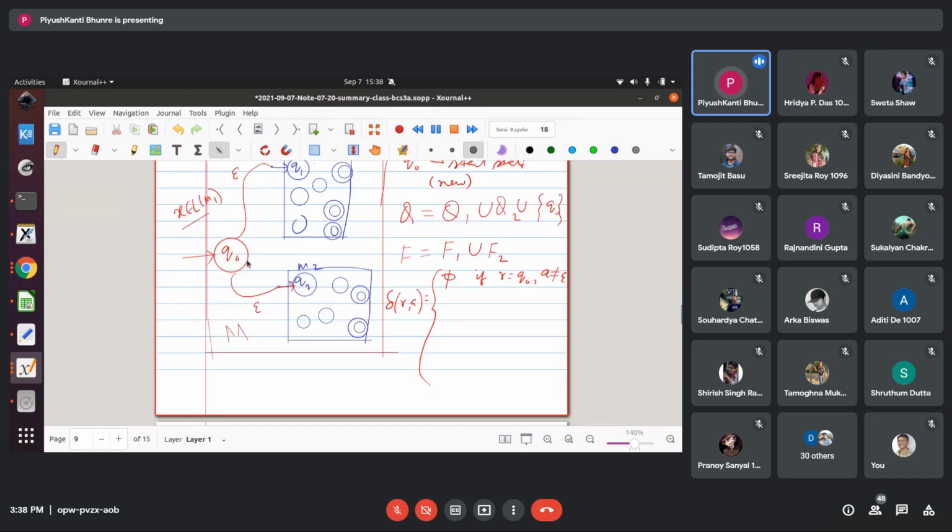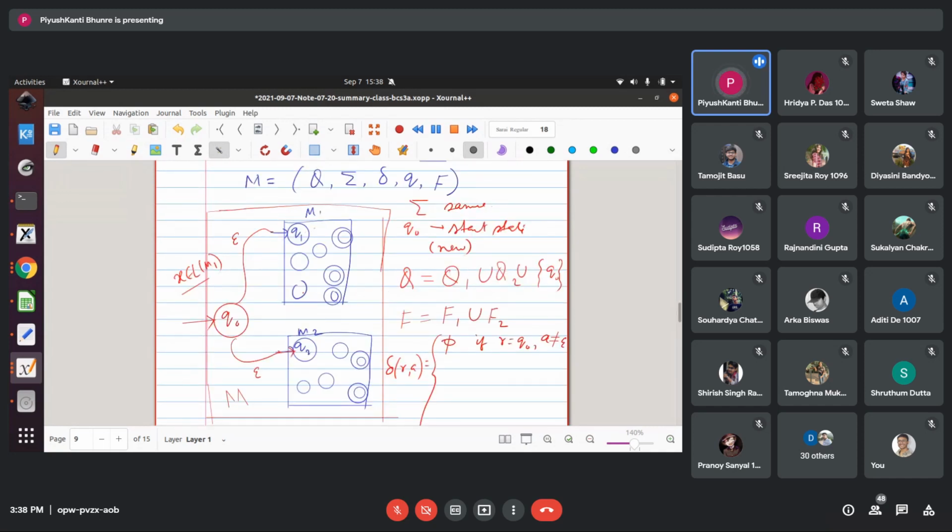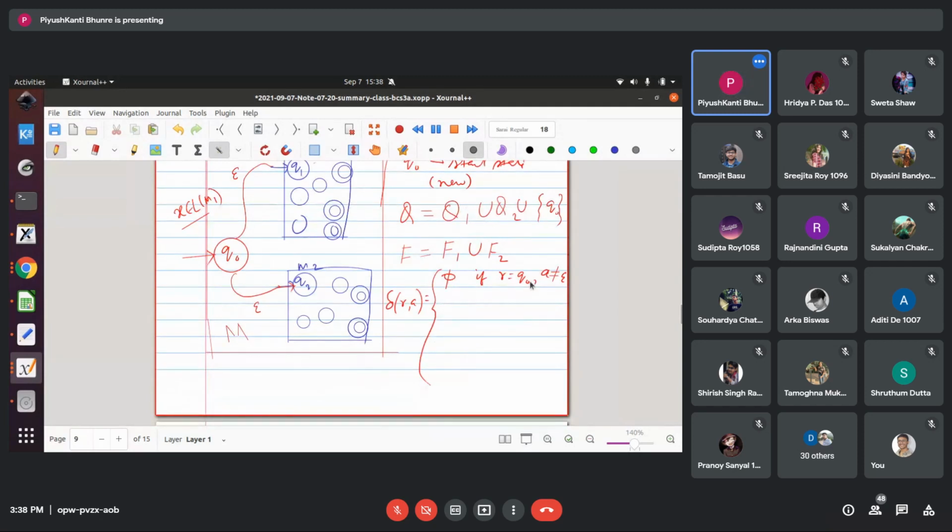So we force the machine to move to Q1 or Q2. It cannot go anywhere else. So we force the transition such that if the input symbol is something else, it will not move anywhere actually, right?